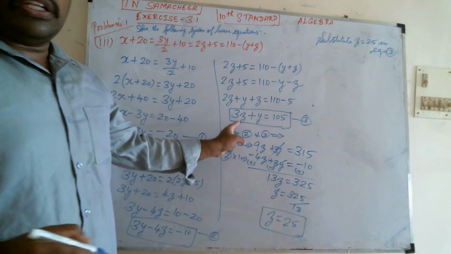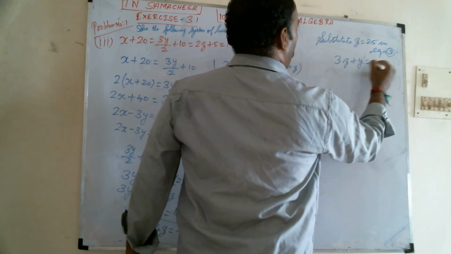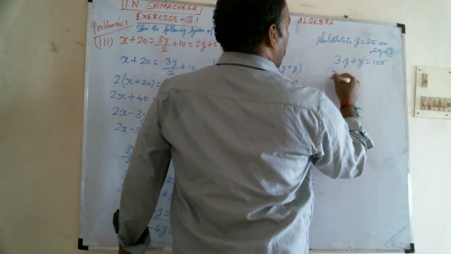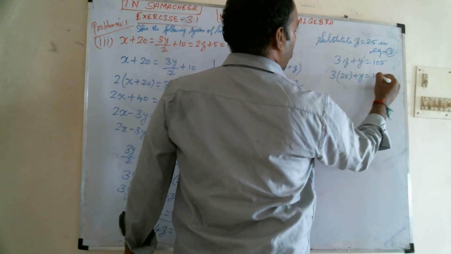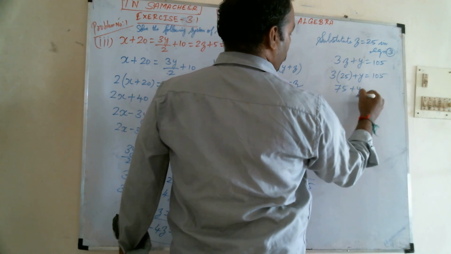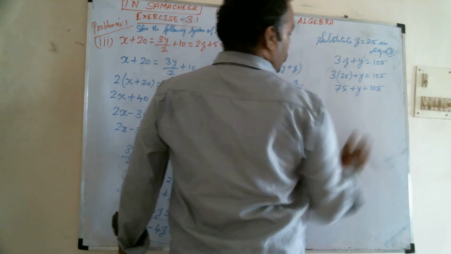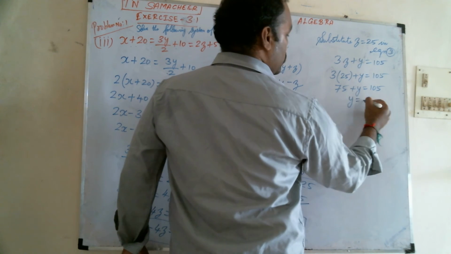Equation 3 is what? 3z plus y equal to 105. 3 into z is how much? 25. 3 into 25 is 75, equal to 105. So y equal to how much?